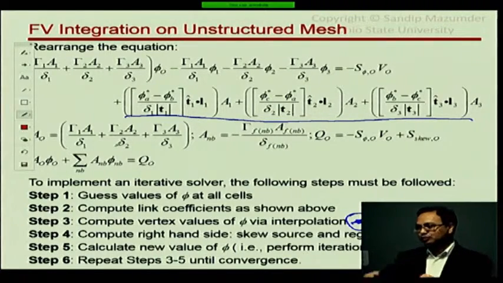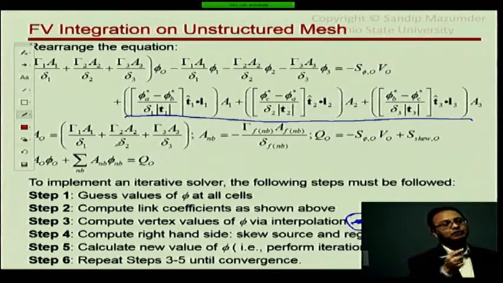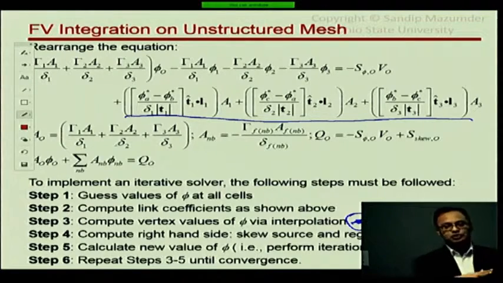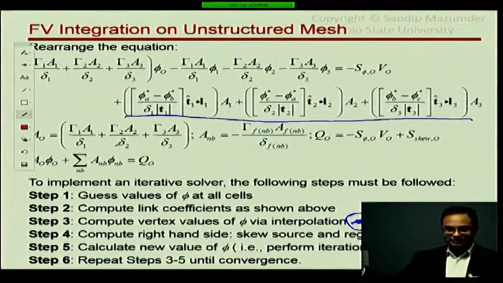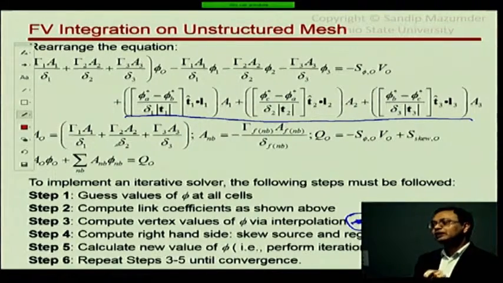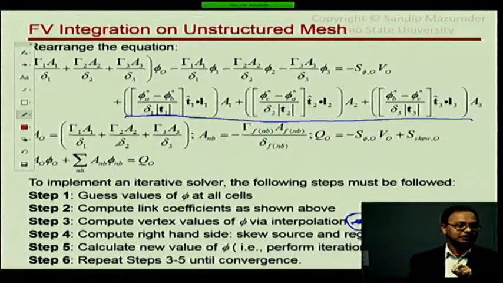So suppose here I'm calculating vertex values of phi. Now suppose I'm solving the Navier-Stokes equation. I have 3 components or 4 unknowns, u, v, w, p. All right, 3 velocity components and pressure. I want to write a vertex value evaluator such that I feed in the u array, it gives me back vertex values of u. I feed in the v array, it gives me back vertex values of v.